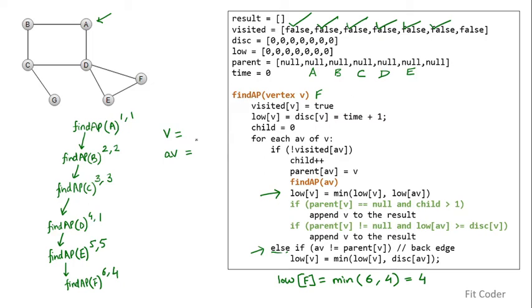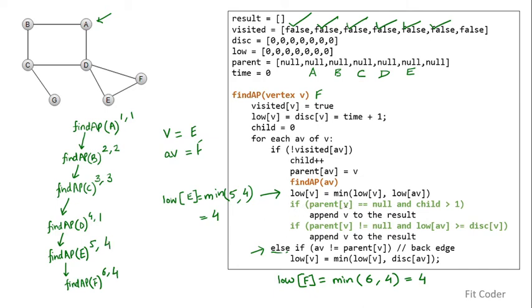At this point, V is E and AV is F. So we calculate low of V for E, which is the minimum of low of E, which is 5, and low of F, which is 4. So it is 4, and we reassign low of E to 4. Once we have reassigned, we come in this if condition.